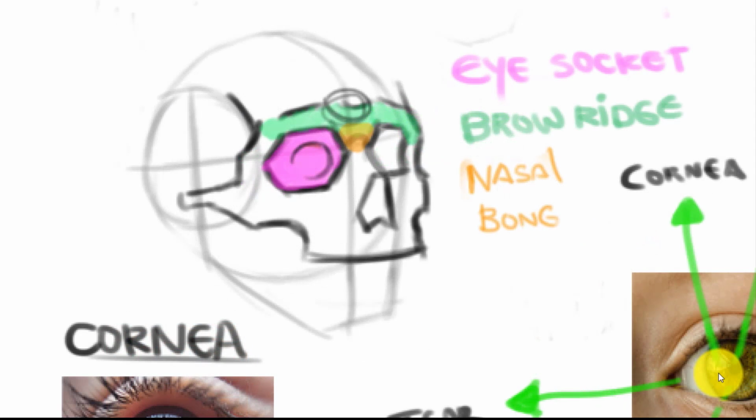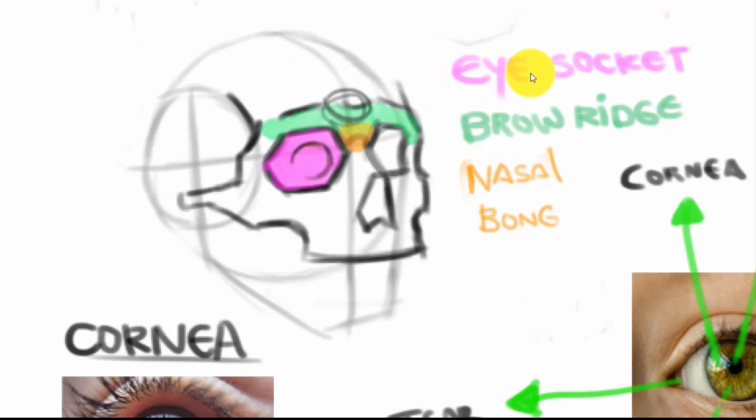Well, there are many muscles and bones on the face. The ones that we are concerned with in this tutorial are the ones that surround the eye, because they will help us understand how the eye works. Here you can see three main bones.